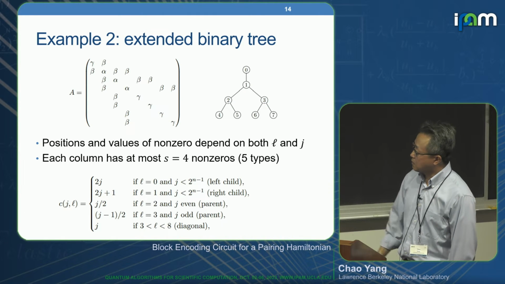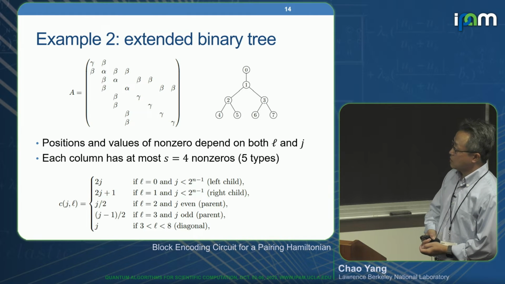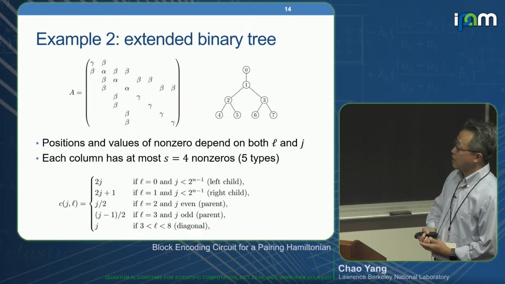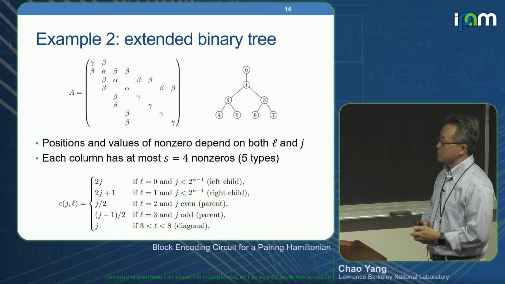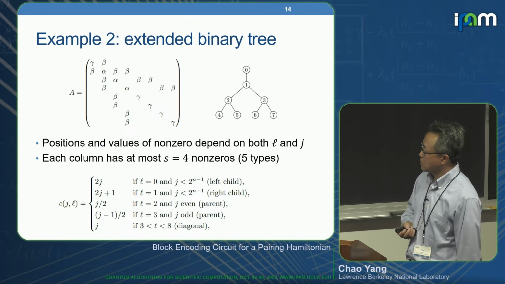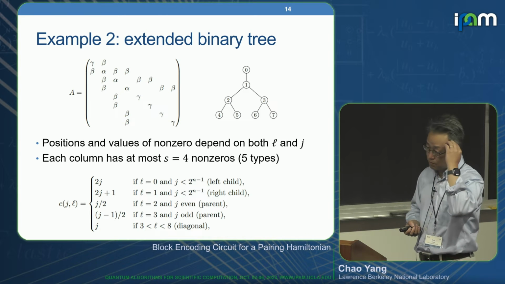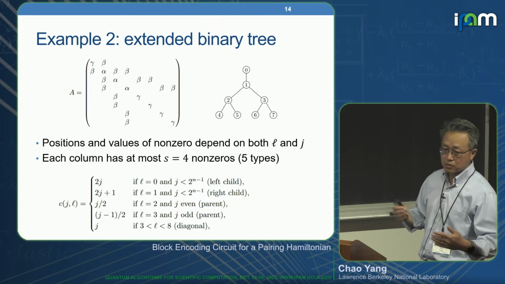Okay? So another problem that I look at is a sparse matrix in which the sparsity structure can be described by a binary tree. We add an additional node, so the number of nodes, or the number of columns, is a power of 2. This class of problem is important because it describes matrices with hierarchical structures.